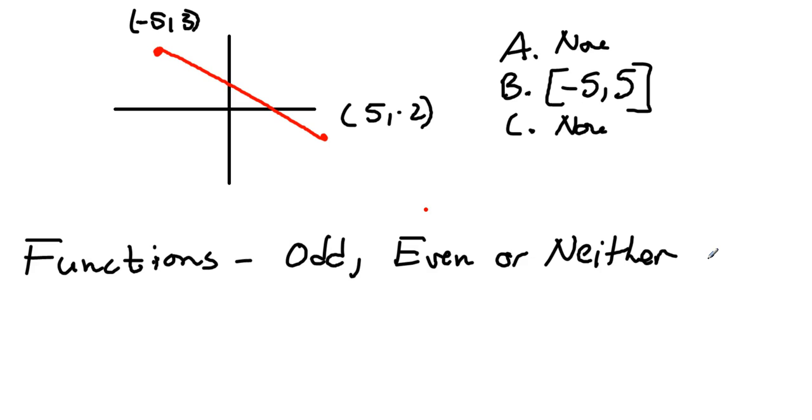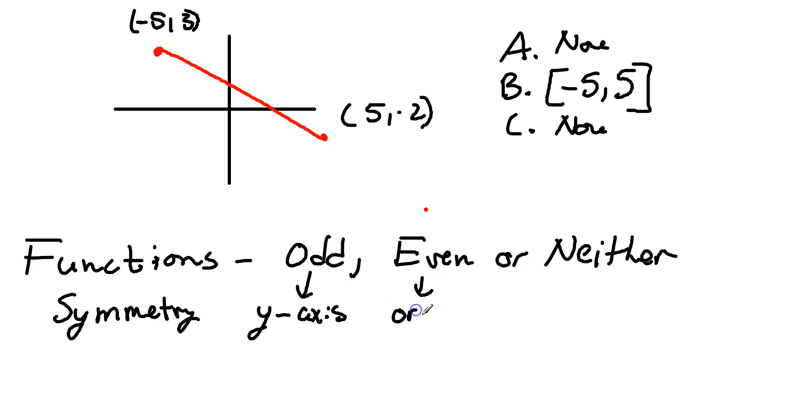And with that one, they tie in that, based on what you have here, your symmetry. If it's an odd function, you're going to have symmetry with respect to the y-axis. If it's even, you're going to have symmetry with respect to the origin. And if it's neither, well, then it has none because there's nothing going on with that part of it.